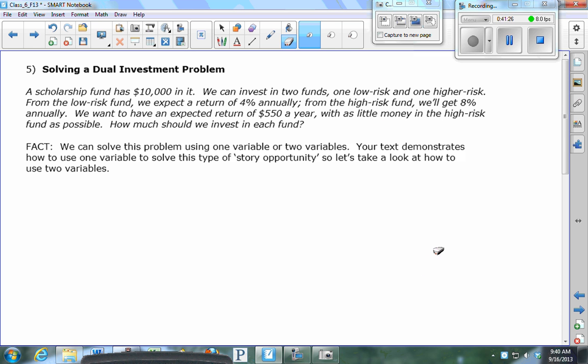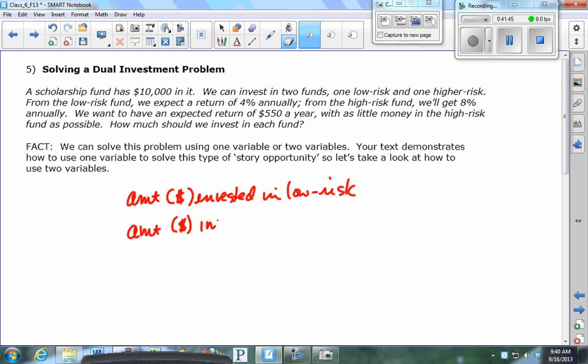So you start off by saying the amount in dollars invested in the low risk fund. I'm just doing my words. And what's the other one? The amount in dollars invested in the higher risk fund.